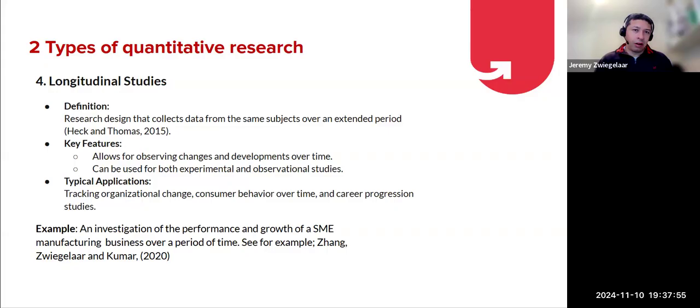Other applications of longitudinal studies are to track changes over time, consumer behavior over time, and career progression studies. Just to come back to consumer behavior over time, we might want to look at how shopping behaviors have changed over time, how and what people bought in terms of their basket of goods. The consumer price index is one example of what that might look like.